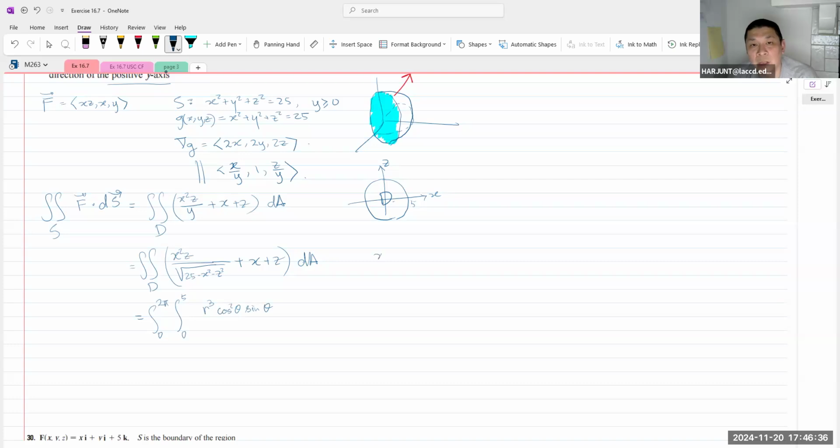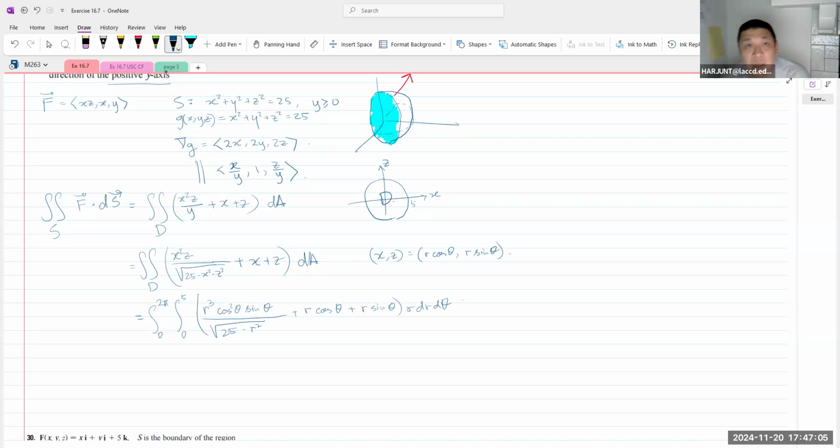I make x to be r cosine theta, and z is r sine theta. I parameterize it that way. Over the square root of 25 minus r squared, plus r cosine theta plus r sine theta, r dr d theta.